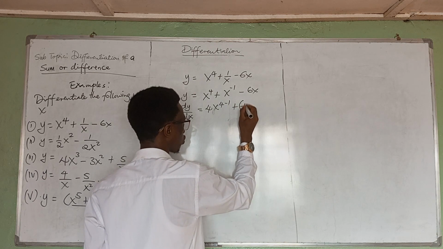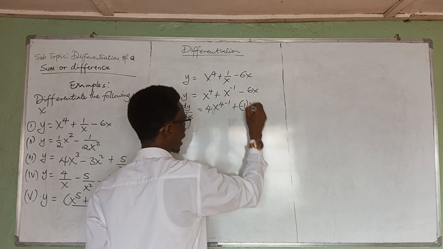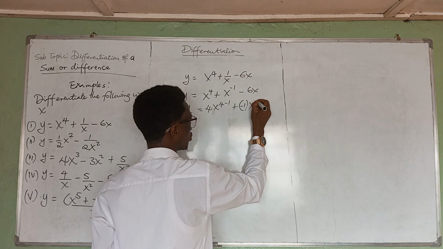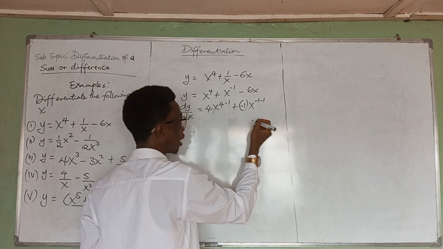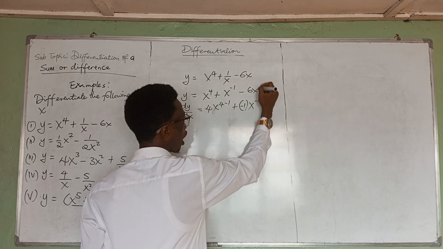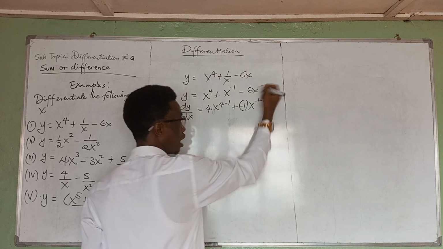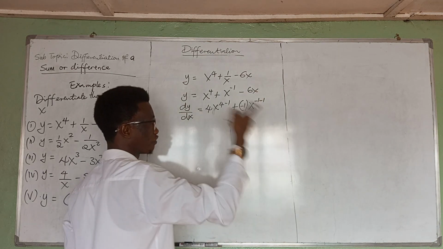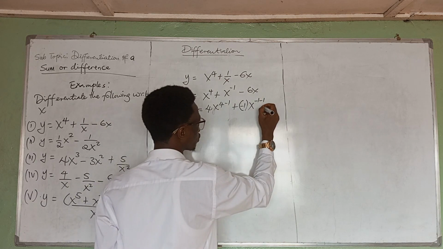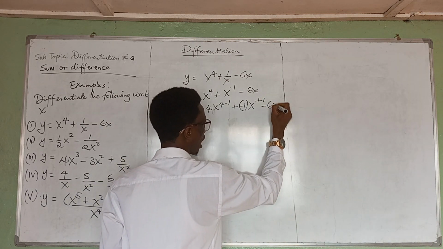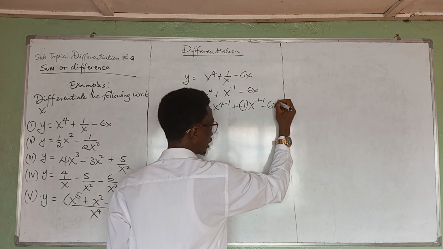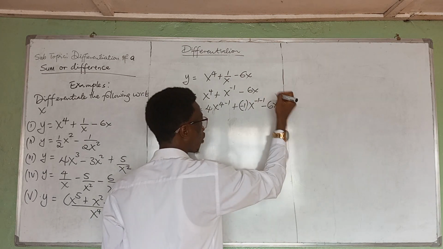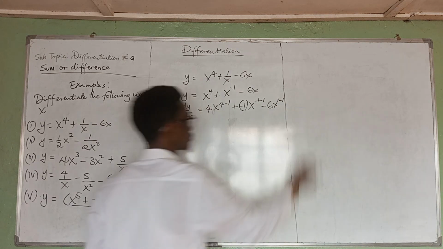So this becomes minus 1, I close the bracket, then I write my x again, and this is going to be minus 1, and you subtract 1 again from the power. Then you come to this one, the power of this is 1. Any variable without a written power has power 1. So this becomes minus 6x, because 1 times 6 is just 6, with the 1 there as the natural power, minus 1.